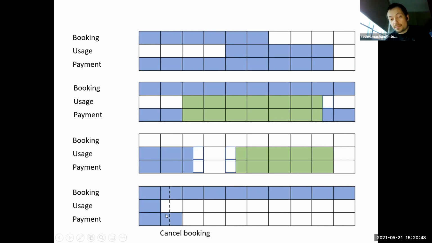Let's say this is the 15 minutes, so canceled 20 minutes after the beginning, so the user would pay for 30 minutes of the time.